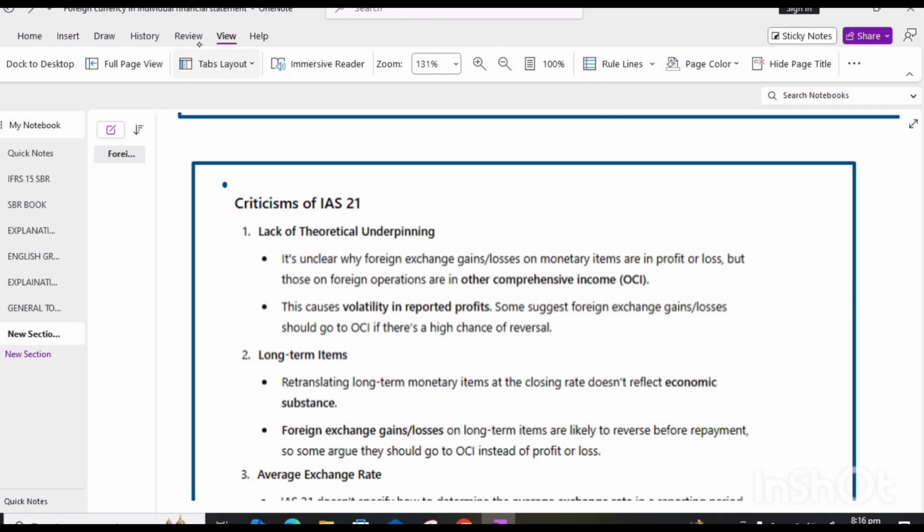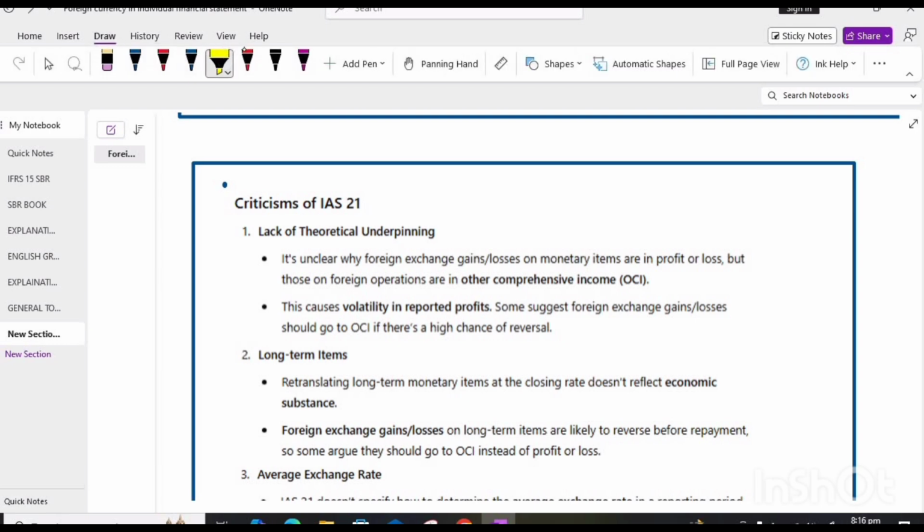The first one is the lack of theoretical underpinning. Okay, lack of theoretical underpinning. What does it mean?